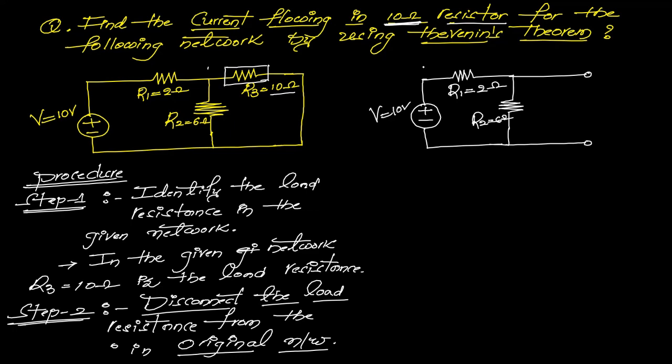Clear? In this problem R3 is the load resistance, so after disconnecting it, the original network becomes like this. Clear? After the disconnecting, we see two open terminals in this step.